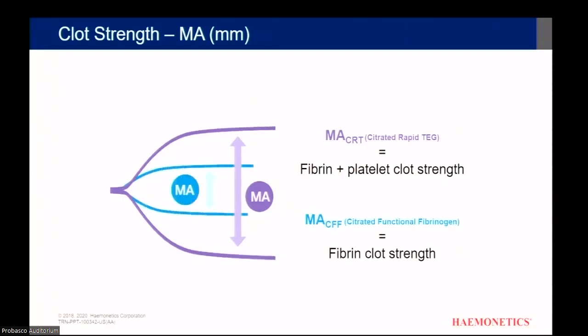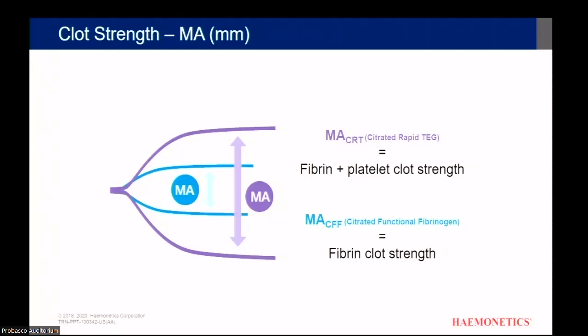So rapid TEG, again, shows us platelet and fibrin contribution, and CFF MA has an antiplatelet medication in that test that turns off the platelets in that sample and truly does just show you fibrin contribution. So if your CFF MA is low and your overall MA is also low, you could discern that fibrin might be the likely cause if you were seeing bleeding and the patient may need cryoprecipitate resuscitation.